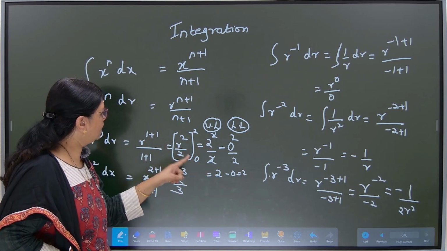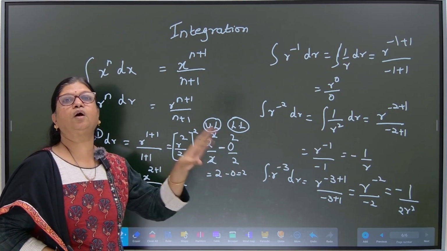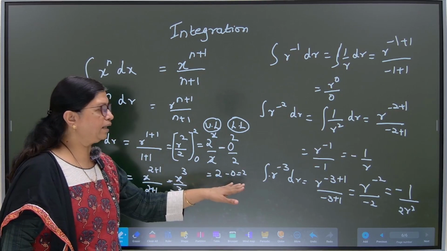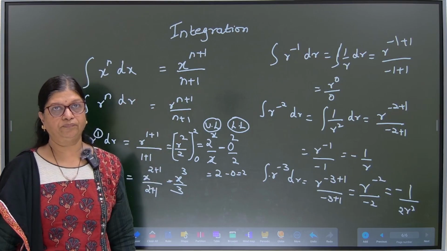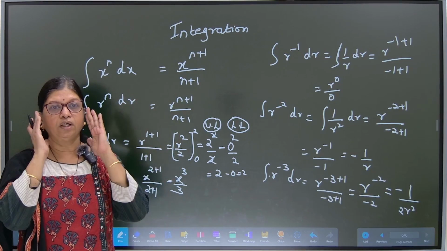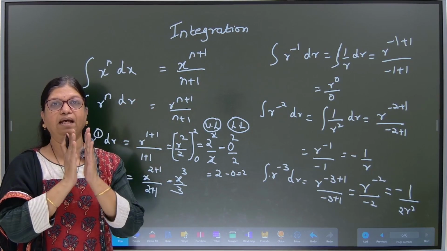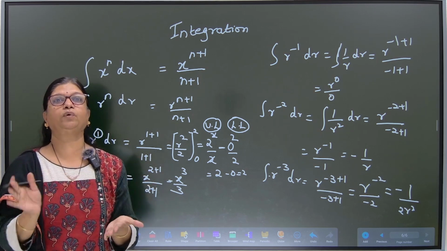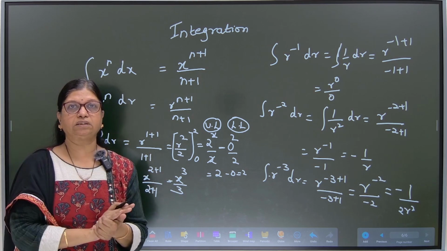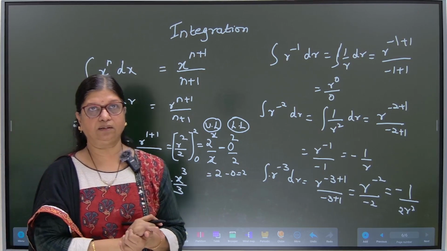Minus 0 in the place of r. Solved it. Whatever answer I get, that is the limit I have applied from 0 to 2. Correct? So, remember this as a curriculum itself from now onwards in physics of class 12.